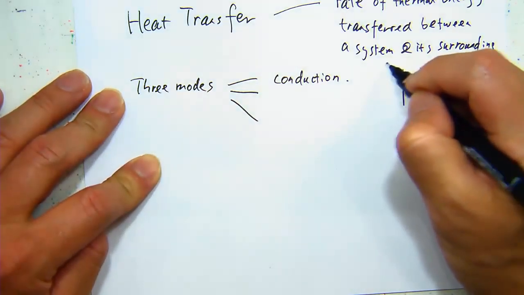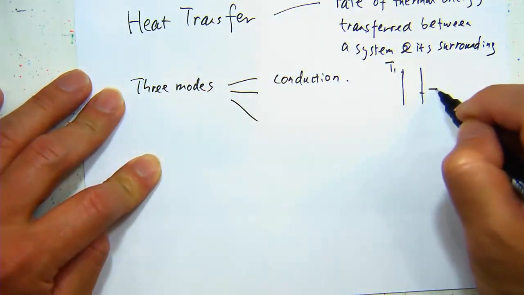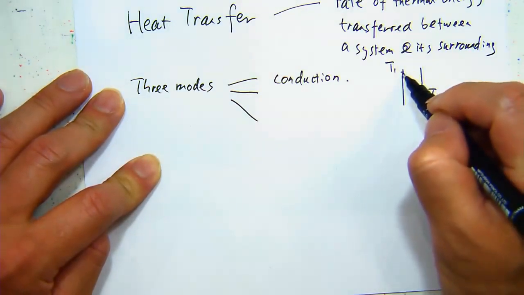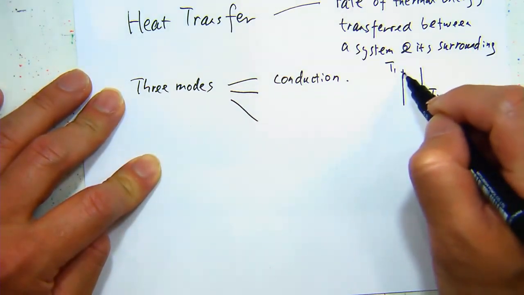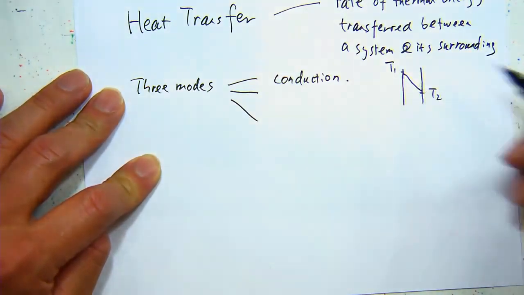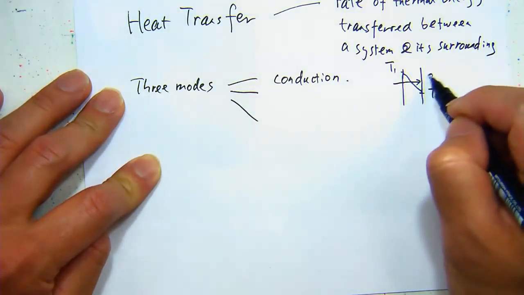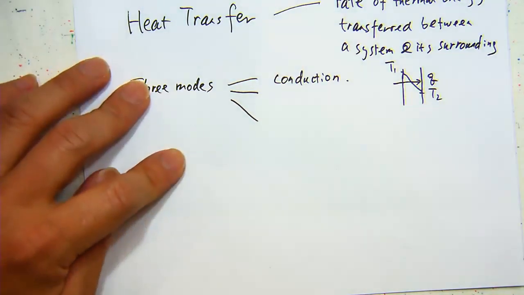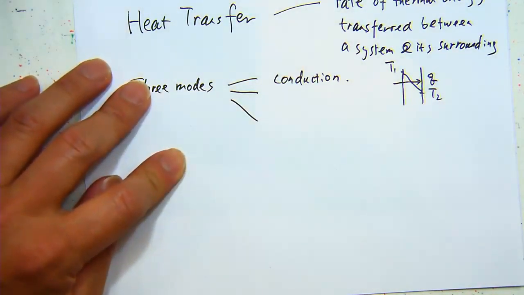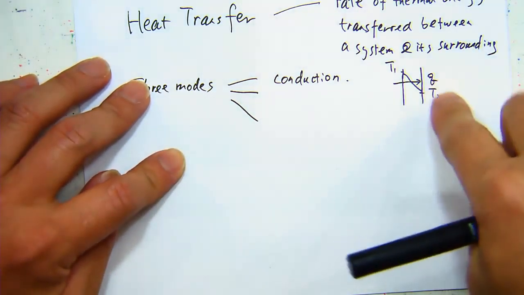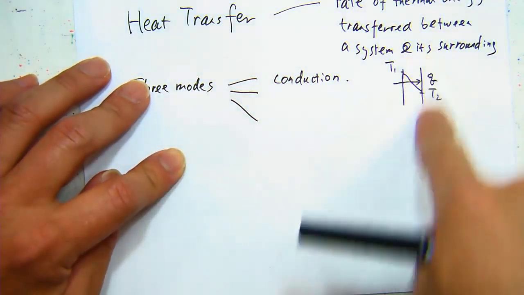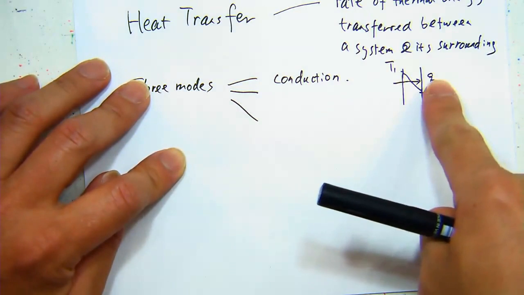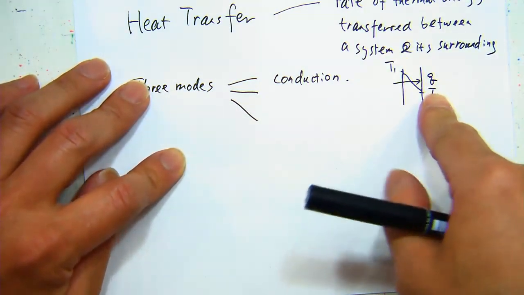You have temperature T1 there and temperature T2 there. If this is a temperature gradient, then the heat will transfer in that direction. So that happens by nature, and that process is called conduction.